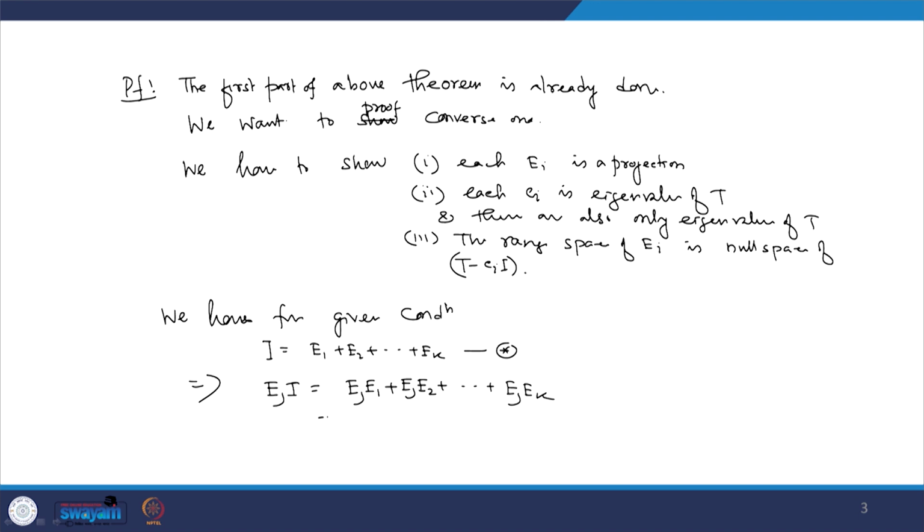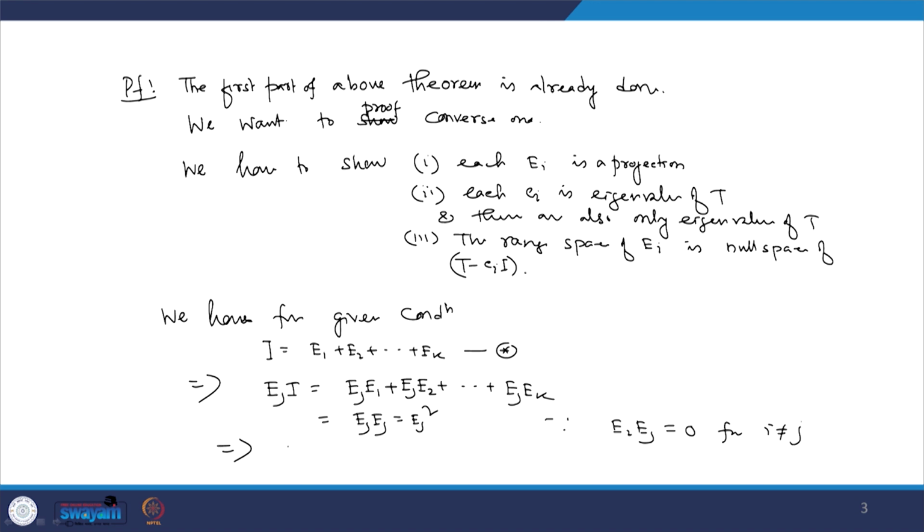So, this is equal to Ej into Ej, that is Ej square, since Ei Ej equals 0 for i not equal to j, it is given to us.